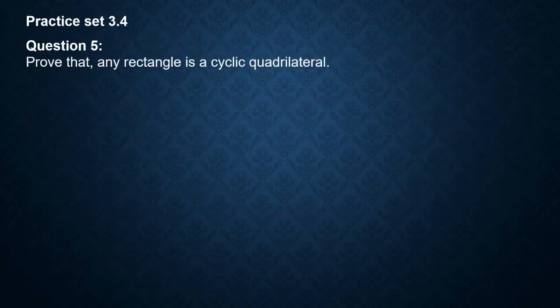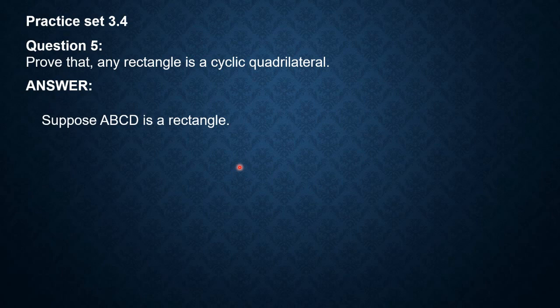Practice set 3.4, the fifth question. In this question, we have to prove in general that any rectangle is a cyclic quadrilateral. So, given any rectangle, we have to prove that the given rectangle will be cyclic. Let us start with the proof. Suppose ABCD is a rectangle.